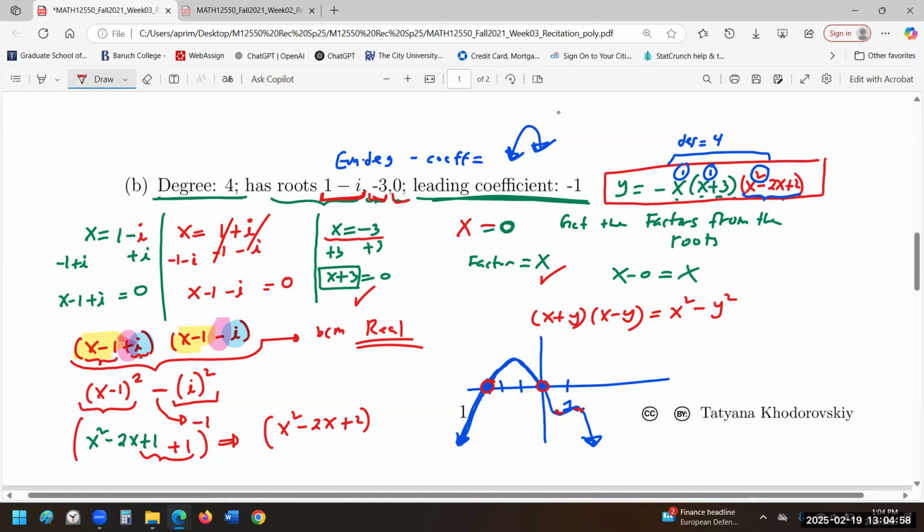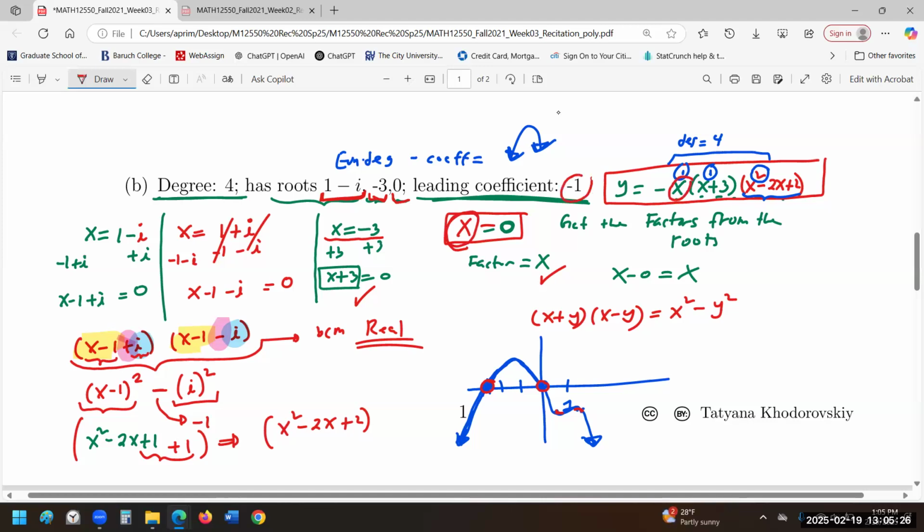Now these are zeros. But in order to find the equation, we don't want the zeros, we want factors. So from each zero, we get a factor, by bringing everything to one side so that we have 0 on the other side. This one already has a 0 on one side, so we have nothing to do here. From here, we get the factor x.